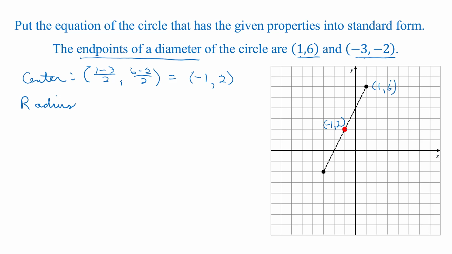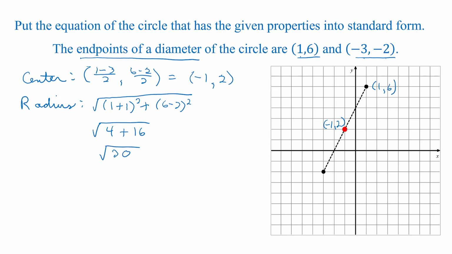To find the distance between those two points, I would use the distance formula, the square root of (1 - (-1)), or (1 + 1) squared, plus (6 - 2) squared. And so that would give us the square root of 2 squared, which is 4, plus 4 squared, which is 16. We end up with our radius being the square root of 20.